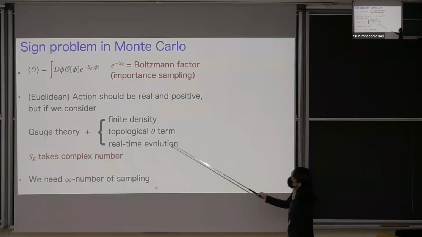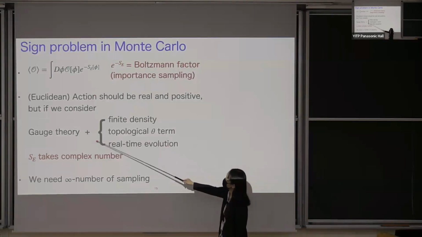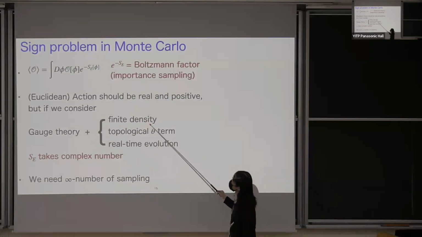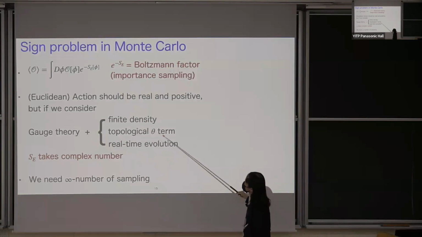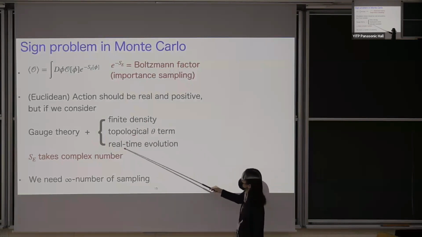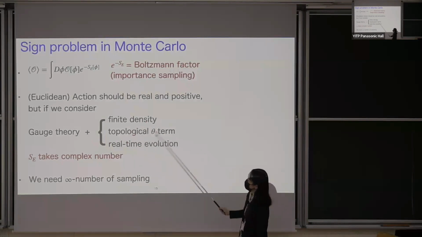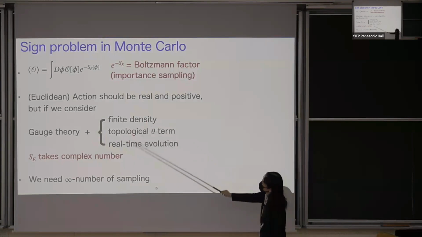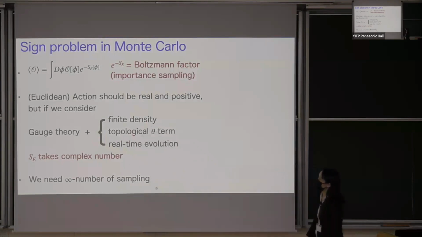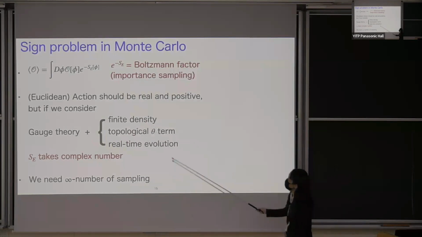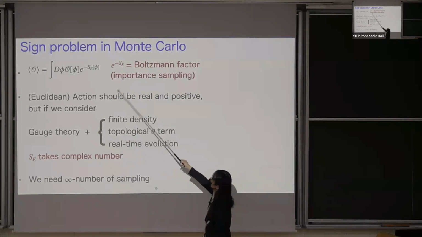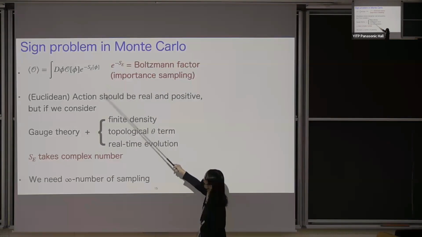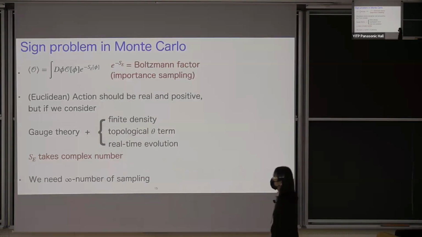But if we consider gauge theory or QCD in the finite density region, or gauge theory with a topological theta term, or consider the real-time evolution of QCD, this Euclidean action takes complex values. So the probability weight interpretation is not valid anymore. And actually, to obtain the answer of this integral, we need an infinite number of samplings.